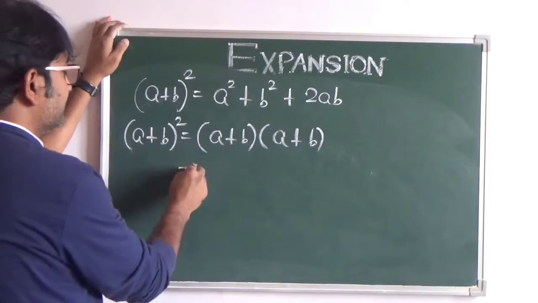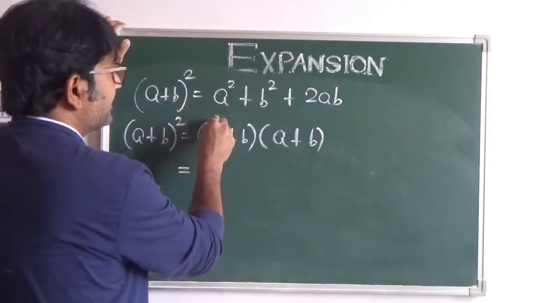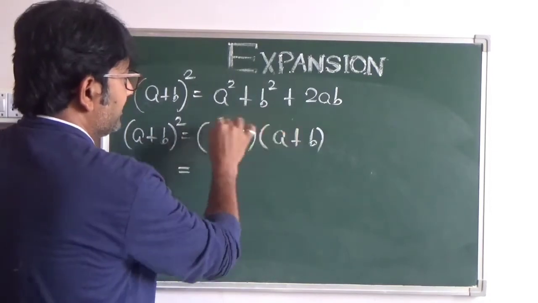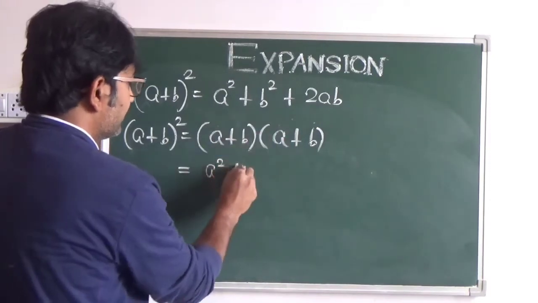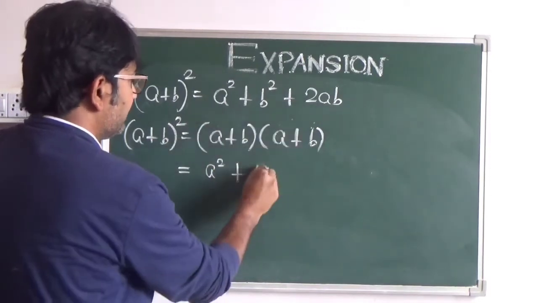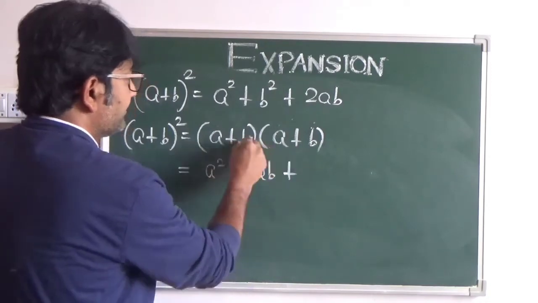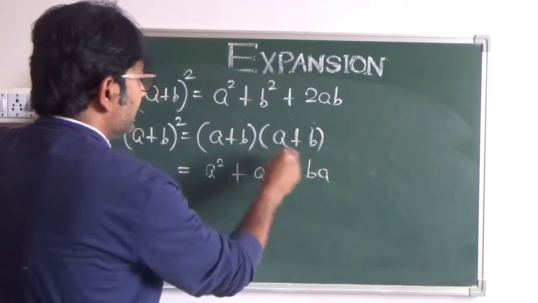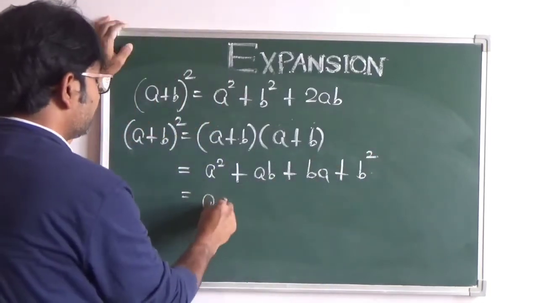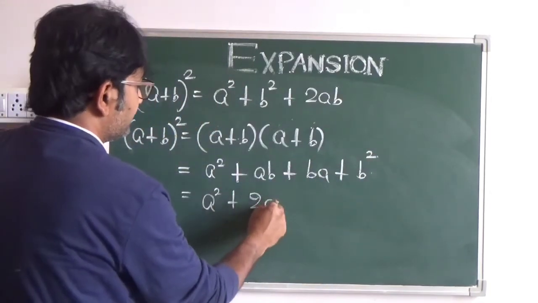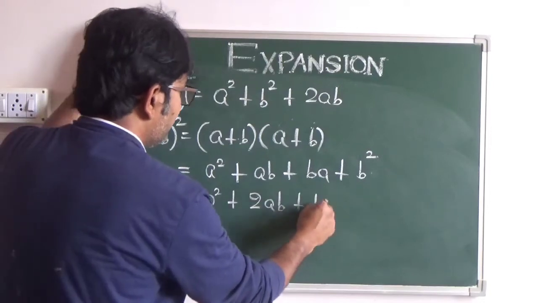Multiplying, a into a is a square, plus a into b is ab, plus b into a is ba, plus b into b is b square. So this is a square plus twice ab plus b square.